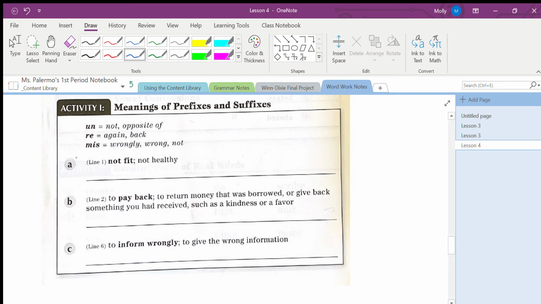So look at A. Read the explanation with me. Oh, goodness, I didn't realize that was still on there. We're going to use this cool eraser tool, stroke eraser. There we go. All right, now we're going to go to here. So, again, look at A. Read the explanation with me. Not fit, not healthy. Find the word and write it in line 1.